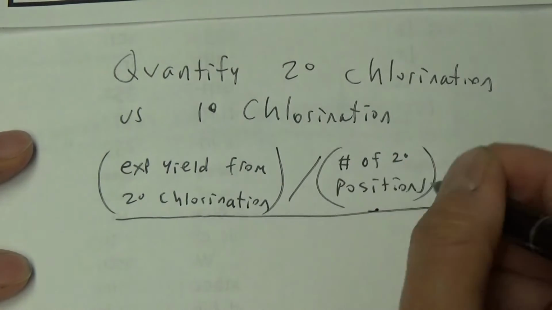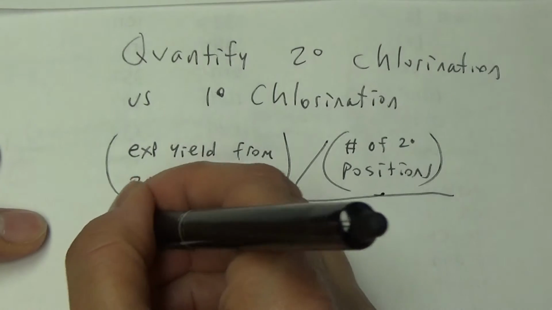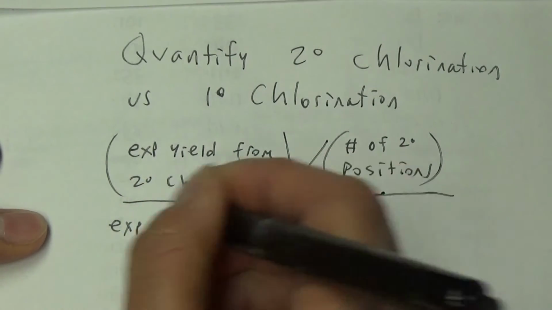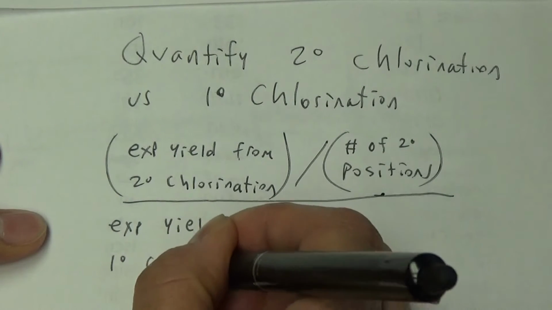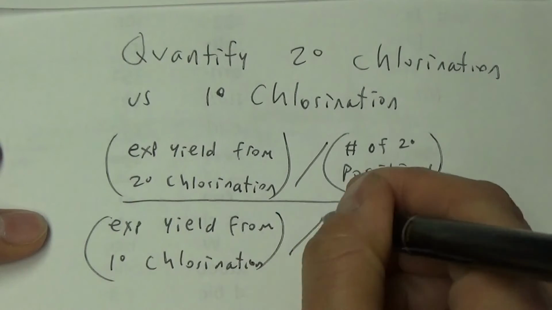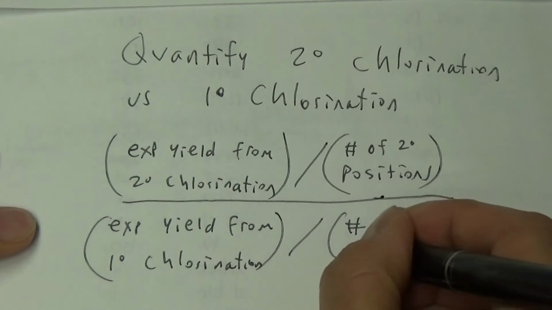Okay? And then on the bottom we're going to do the experimental yield from primary chlorination divided by the number of primary positions. All right?